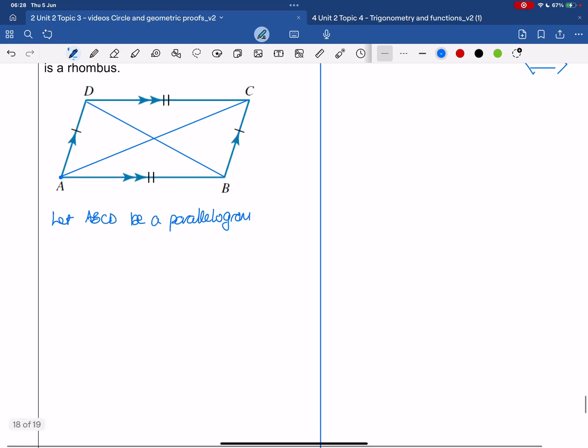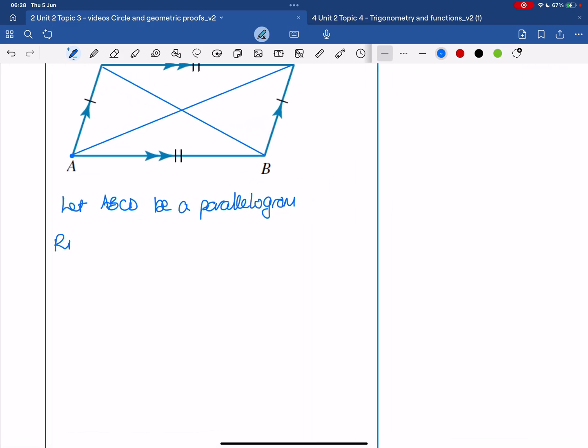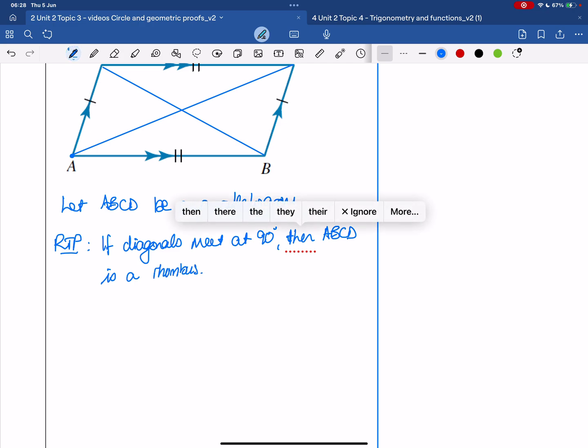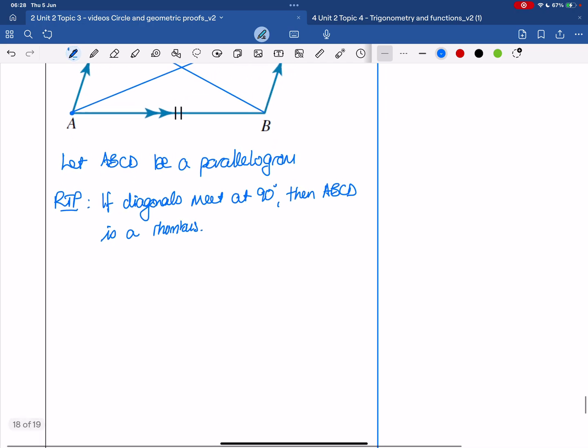Okay, and we are required to prove that if diagonals meet at 90 degrees, then ABCD is a rhombus. All right.